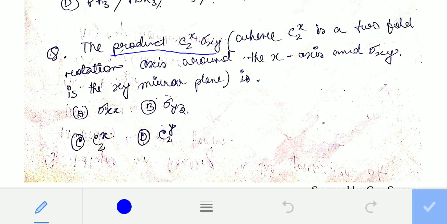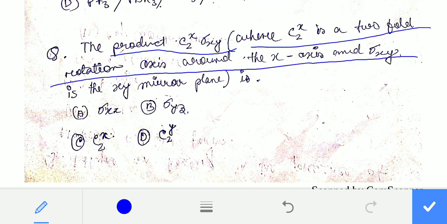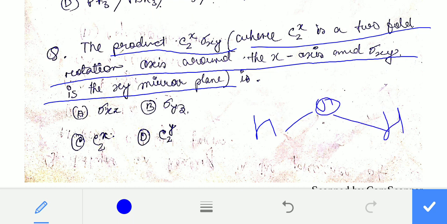The product of C2x sigma xy, where C2x is the two-fold rotational axis around the x-axis and sigma xy is the xy mirror plane, right? Since C2 is the principal axis, or you can say a two-fold rotation is there, we can consider a water molecule which has a C2 axis of rotation, right?